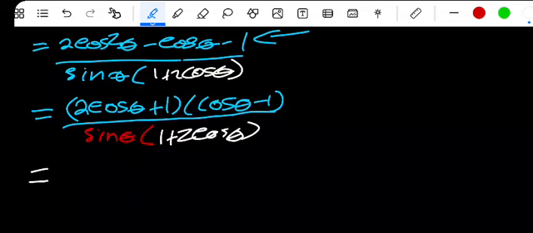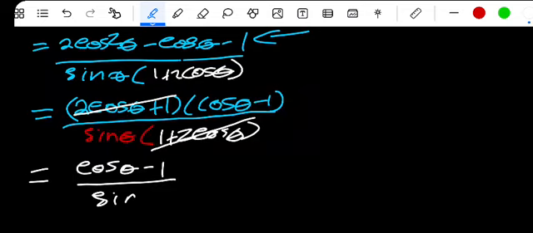So this and that will cancel nicely, and we're left with cos theta minus 1 divided by sine theta.